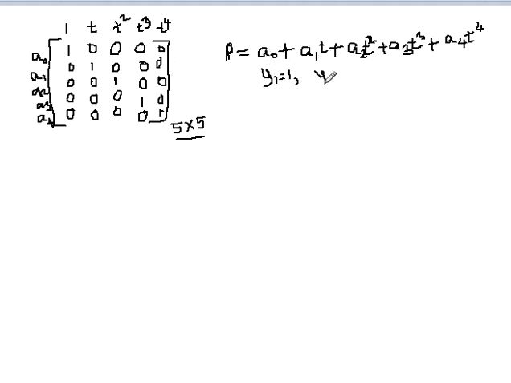The coefficient of A1 is y2, which is equal to t. Similarly, y3 is t square, y4 is t cube, and y5 is t to the power 4.